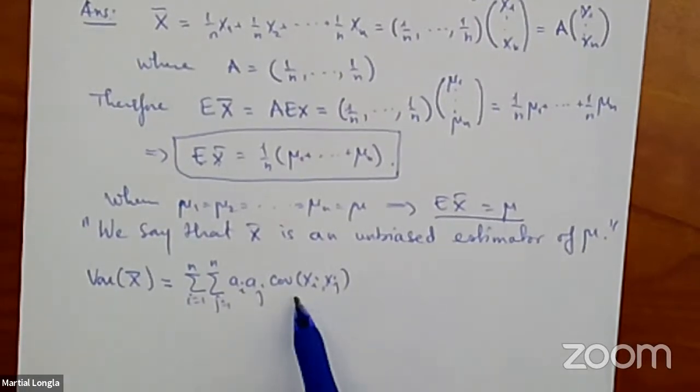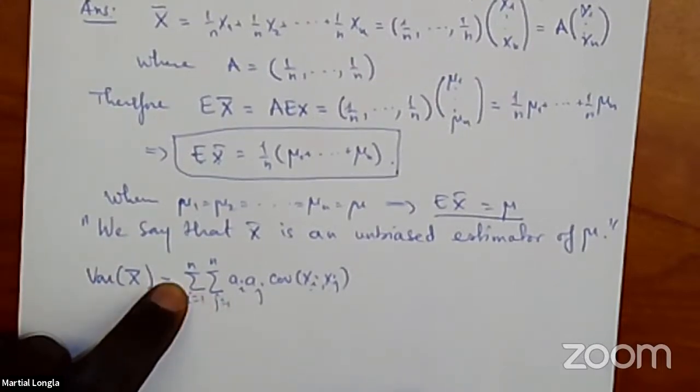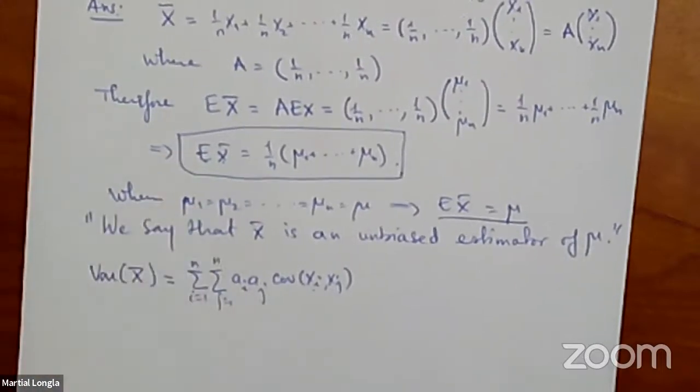But the covariance of xi, xj is equal to 0 unless i is equal to j, right? So anything where i is not equal to j is going to be 0 except when i is equal to j going from 1 through n.